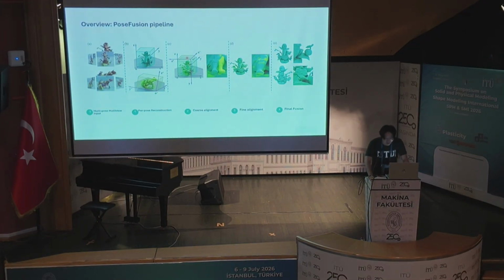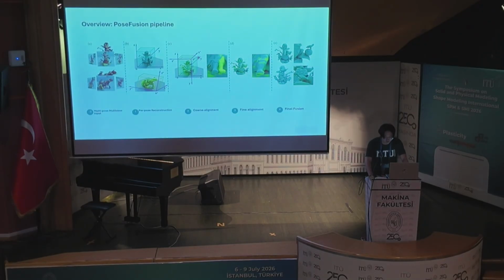And here is our pipeline. Our full pipeline has four stages. First stage, for each object pose, we train a separate neural implicit surface. Second, we perform coarse alignment. This stage gives an initial rigid transformation between different poses. Third, we perform fine alignment.